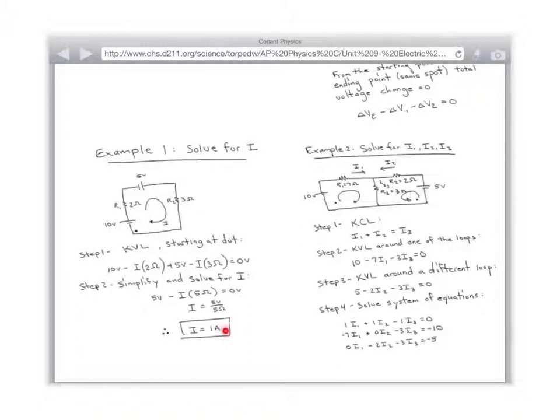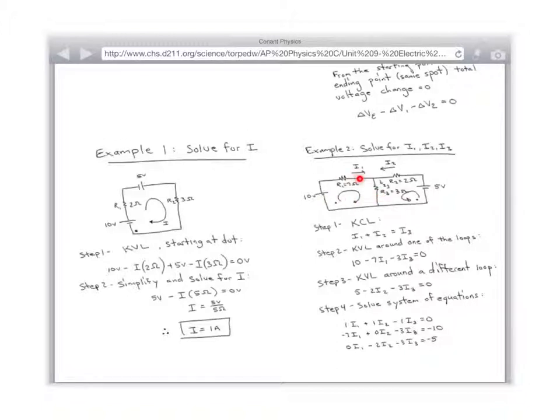Okay, so that was a really simple one. Let's do a harder one with 2 batteries. We've got a loop here, and we've got a loop here, and we've got currents coming in. How many currents are we going to have to figure out to solve this whole circuit? 3, because of when they come together after that.